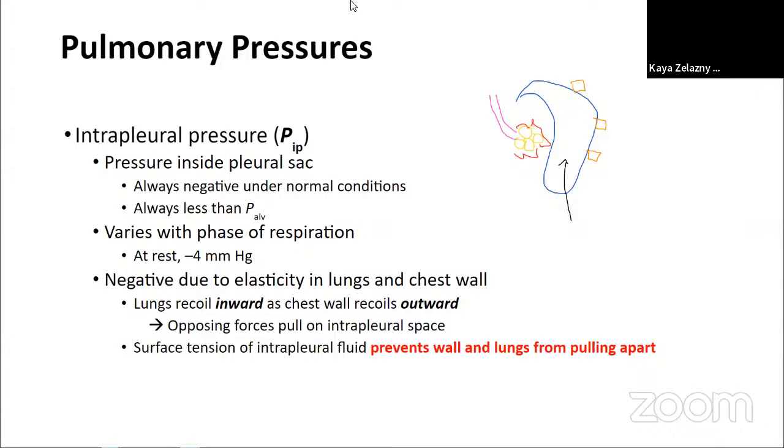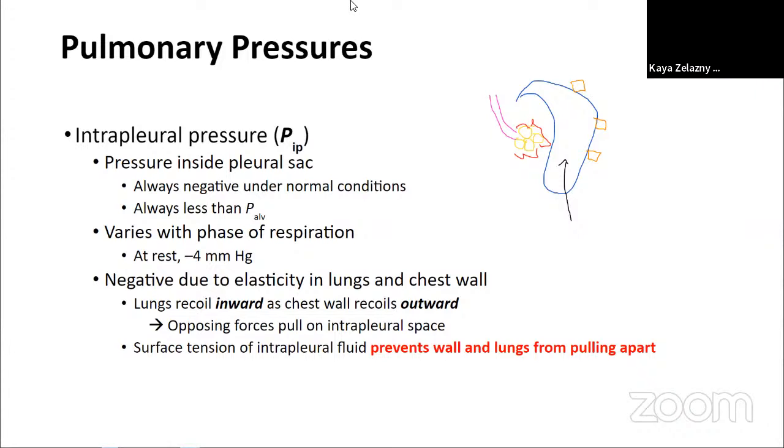It is going to vary a bit with the phase of respiration because we'll be changing the size of the chest, the size of that thoracic cavity as we use our muscles to pull on our ribs and as we use our diaphragm. So we are going to see it varying, but it should always be negative.